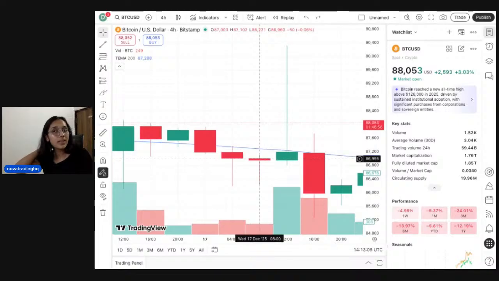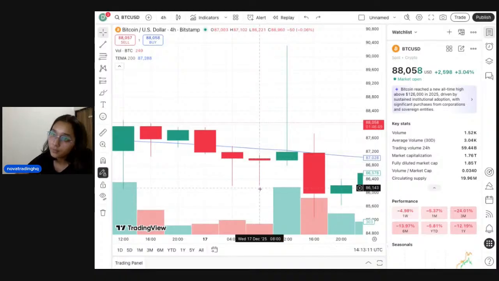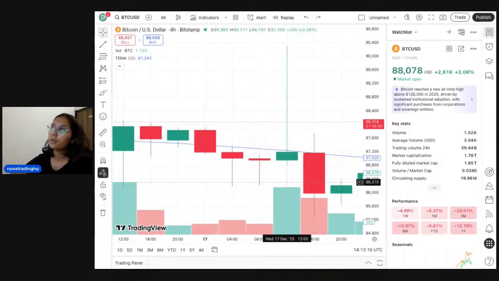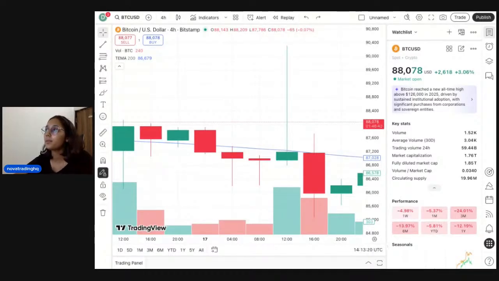We can again see a very small body, but again with a very high lower wick. So what does this even mean?